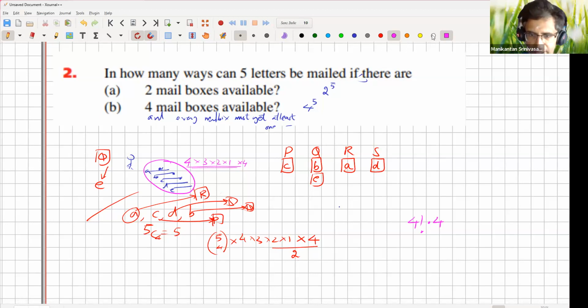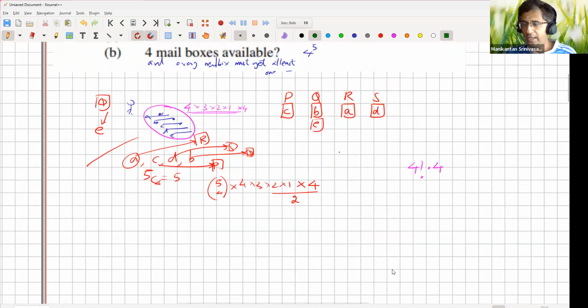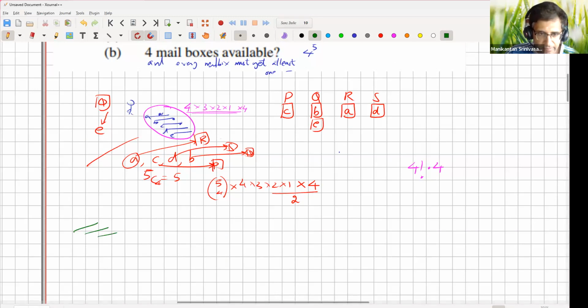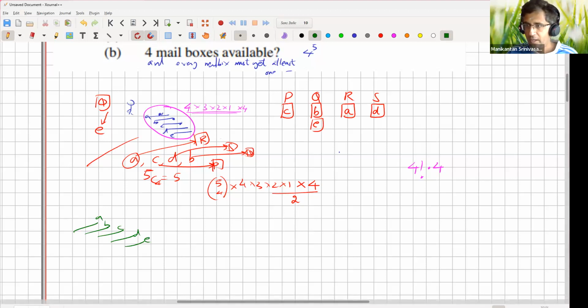Now I'll describe another way. Let's evaluate everything. The way I like to think about it is, I'll put another color. We all agree that every mailbox has 1 letter, except one mailbox which has 2 letters. So here I am holding my 5 letters, A, B, C, D, E. I know that 2 letters have to go to one box and the other letters have to go to separate boxes.